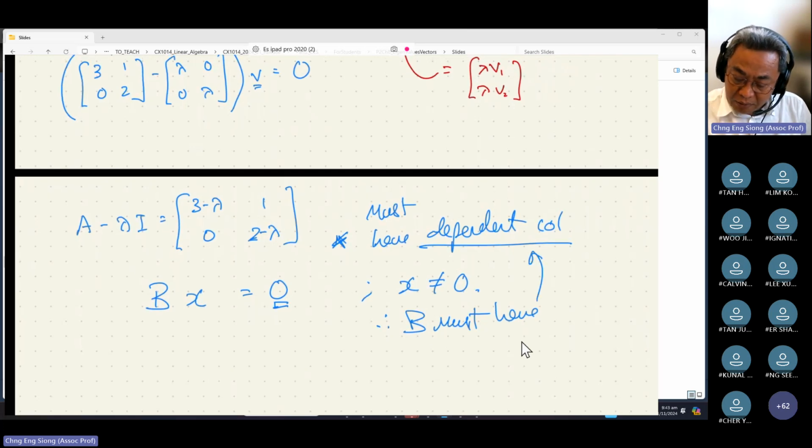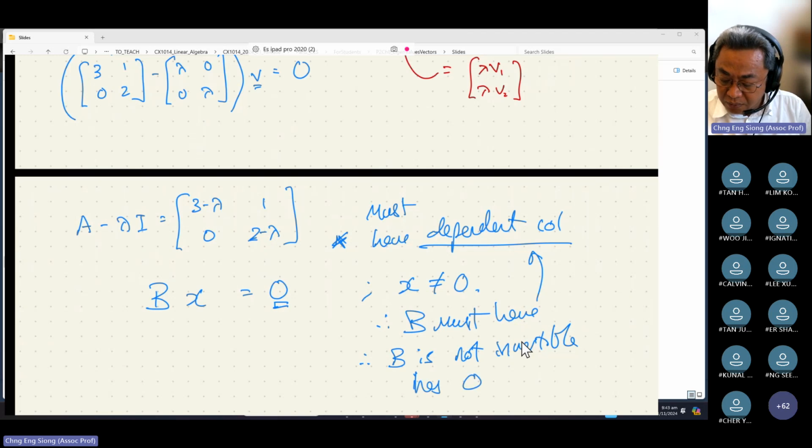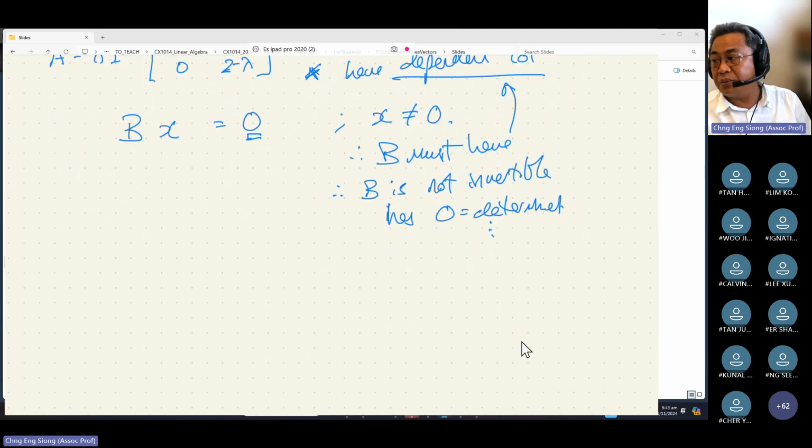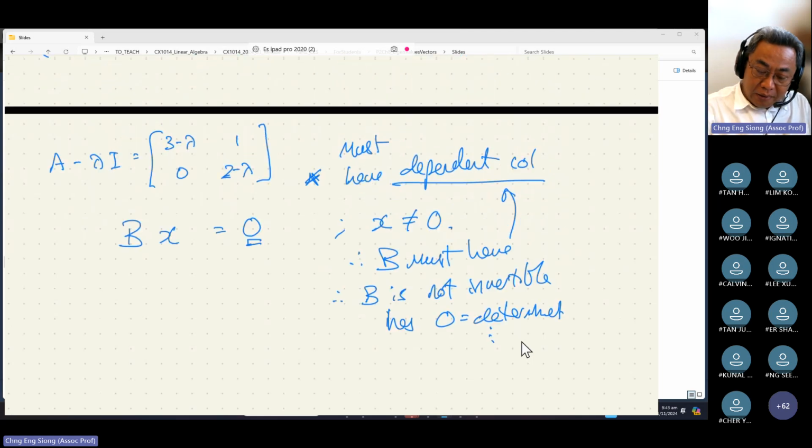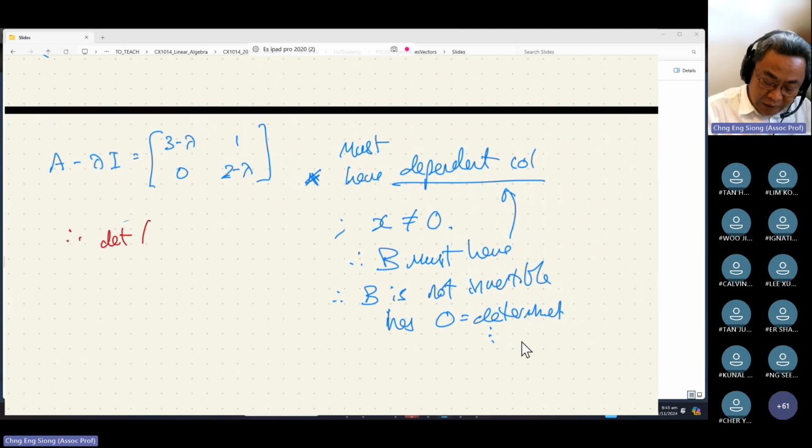When B has dependent columns, B is not invertible and has 0 as the determinant. Can you see now? And then, of course, all the 10 or 13 properties of the invertible matrix. Therefore, the determinant of A minus lambda I is equal to 0.